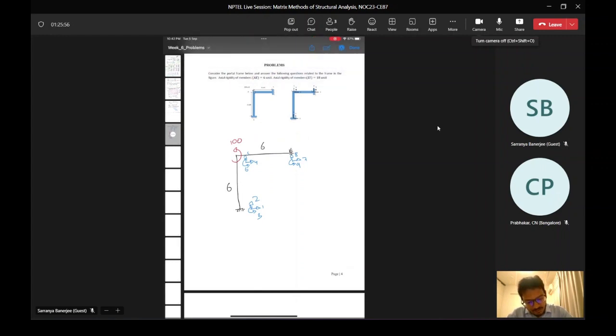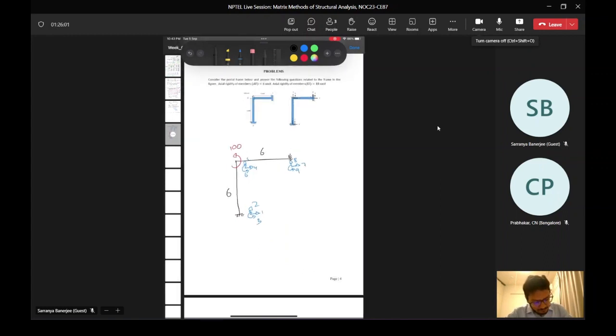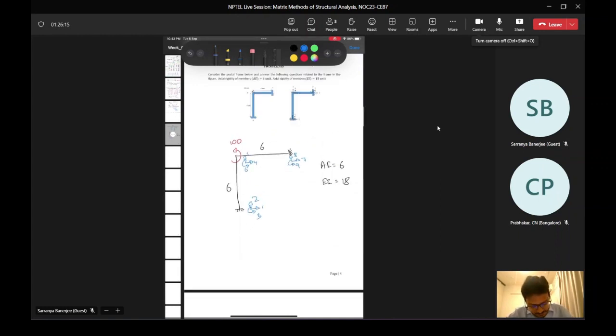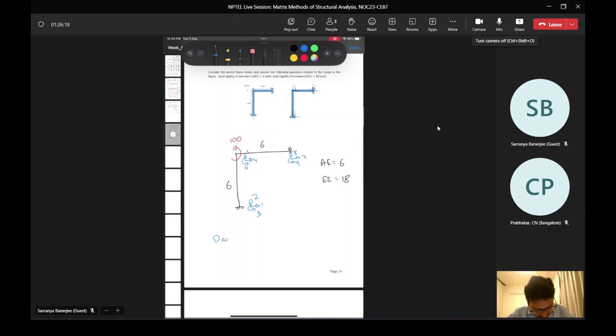The given data for this problem is AE equals 6 units and EI equals 18 units. So the first question, as always: what is the degree of static indeterminacy? Can you write the node nomenclature ABC?